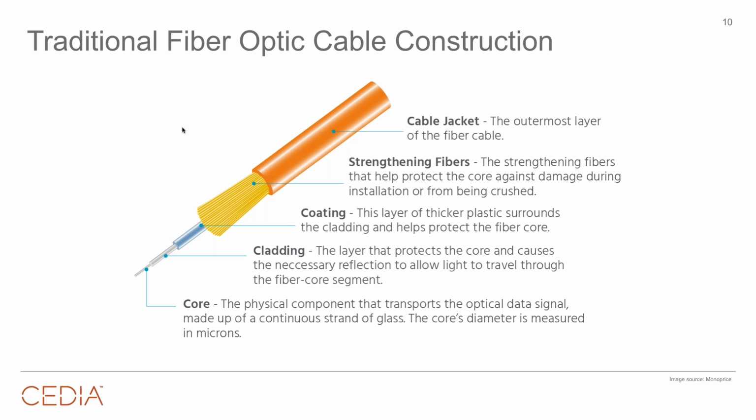Now, once we pull back that fiber, we get into some unique properties here. We get into the coating, which is the outer plastic on the outside of that fiber cable, the cladding, which is a layer that's around the core. And the core is the actual glass, right? And in some cases, it's a polymer.